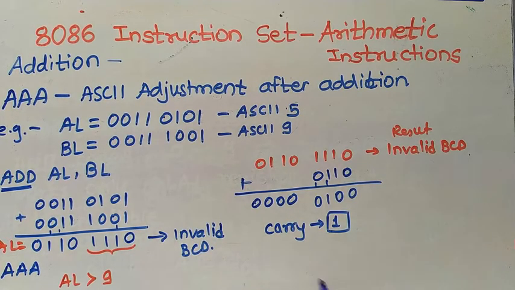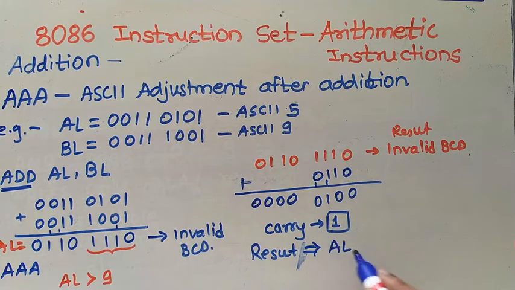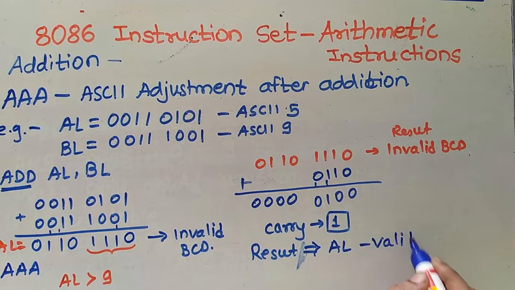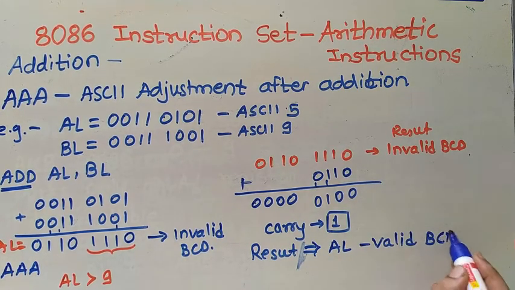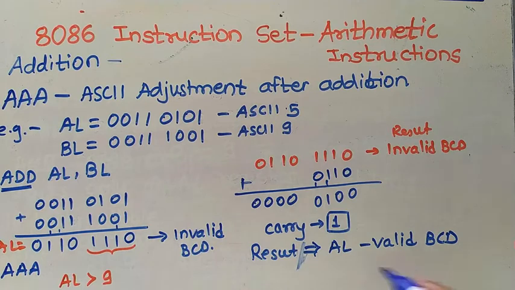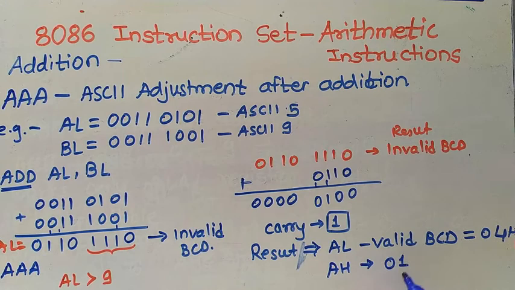So the final result present in AL is a valid BCD, which is equal to 04H, and in AH we have 0 1.